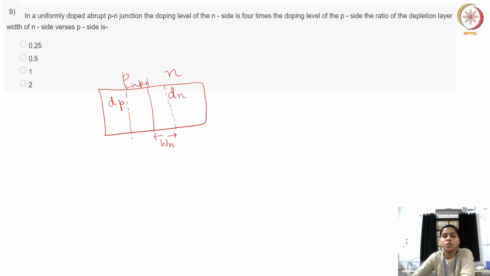So we have a relation that the width multiplied by the concentration is actually a constant value.